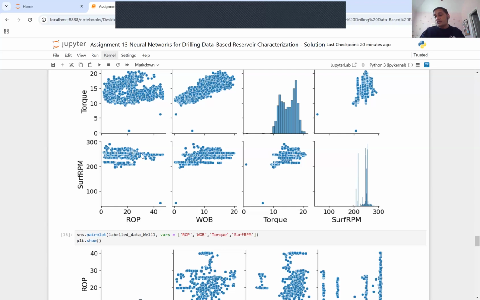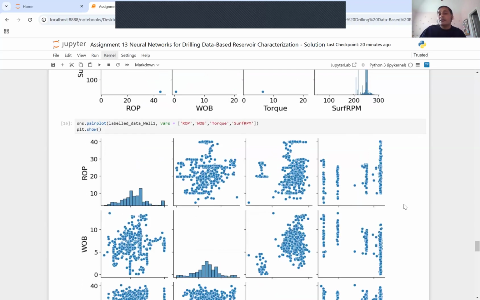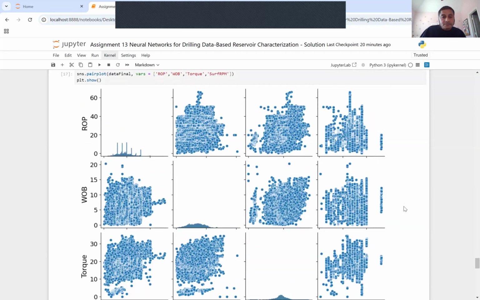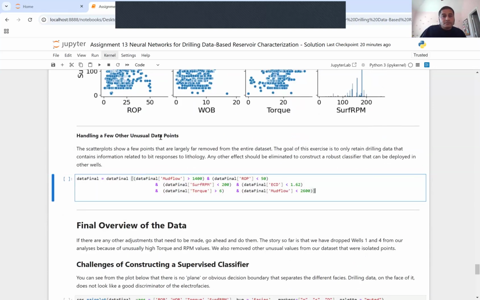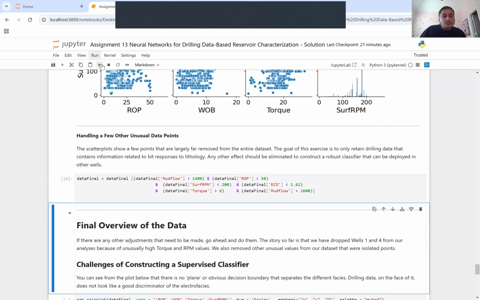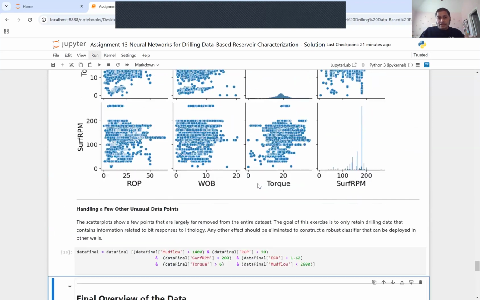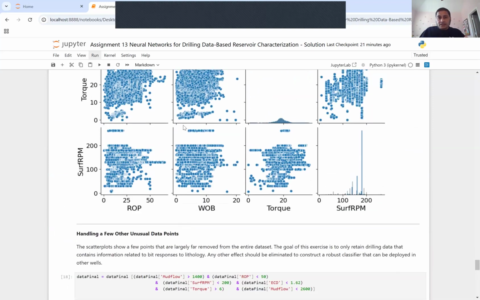So we're going to remove these wells from our analysis and continue on. So we'll remove those few points that seem to be sticking out from the rest of the data set, as well as these unusually high RPM values over here.